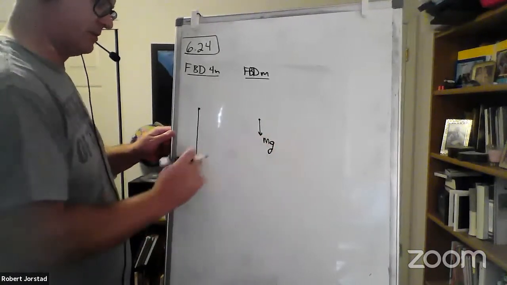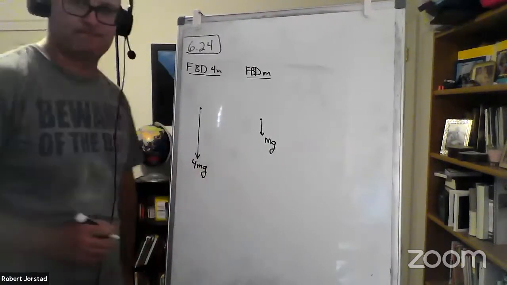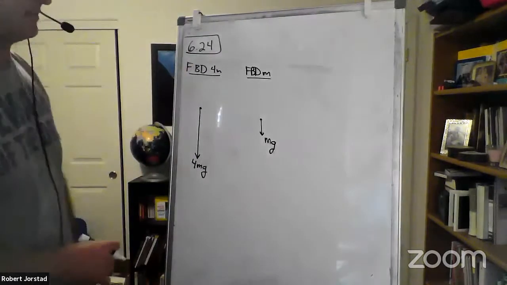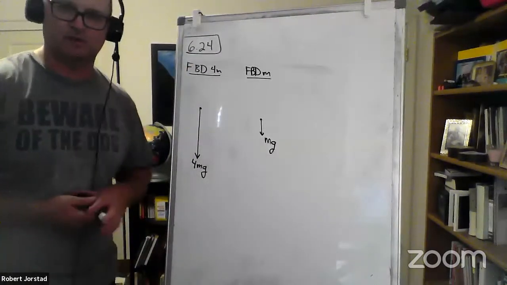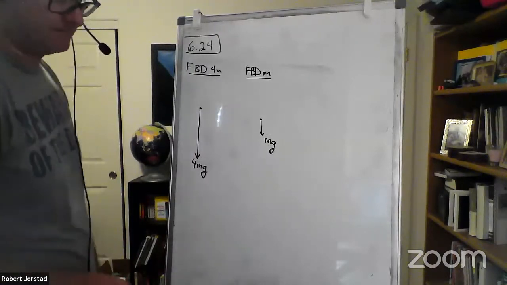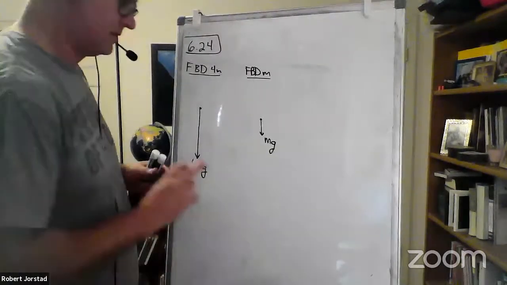And this one should be 4MG. What else we got on this? Either one. Tell me an FBD, tell me a force, tell me what's up. We got normal force on 4M. Okay, going which way? Going up. Up, okay.